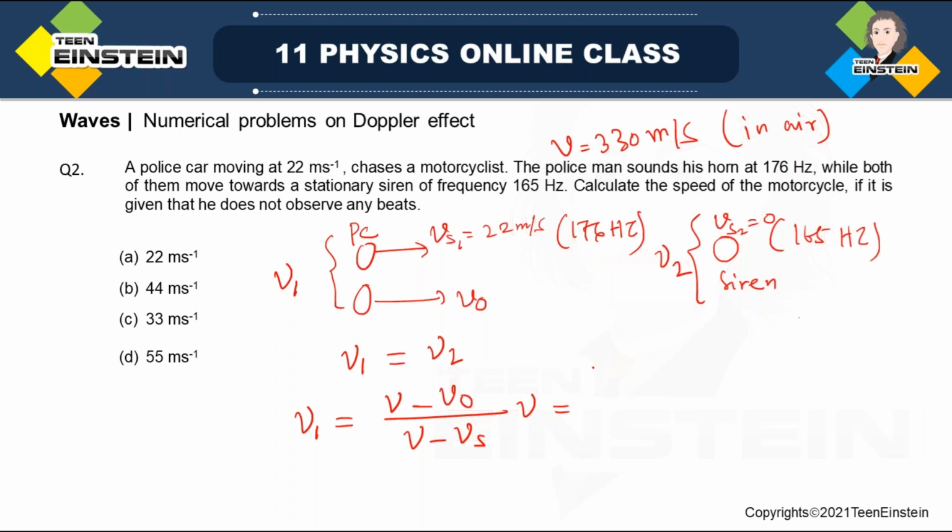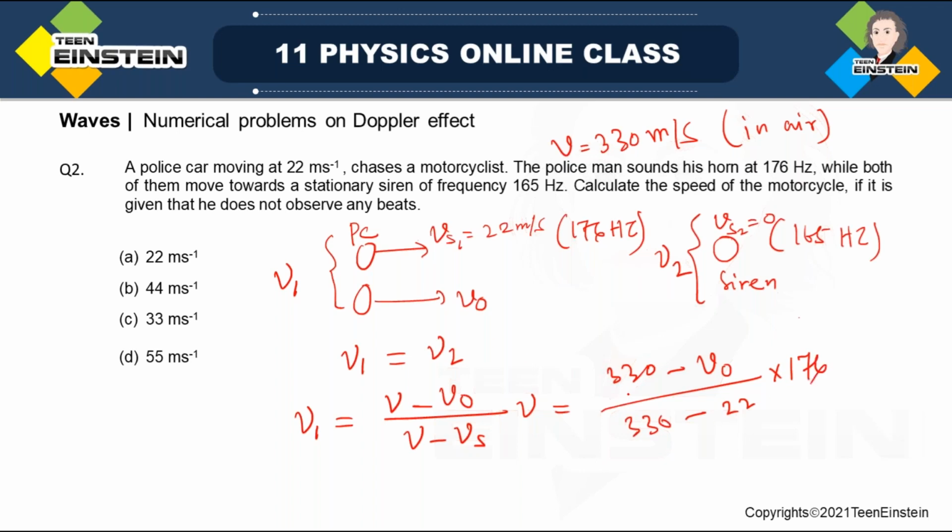So if we put that, this is 330 minus V observer, which we have to find out, over 330 minus Vs, the source, here the police car, into the frequency of this.